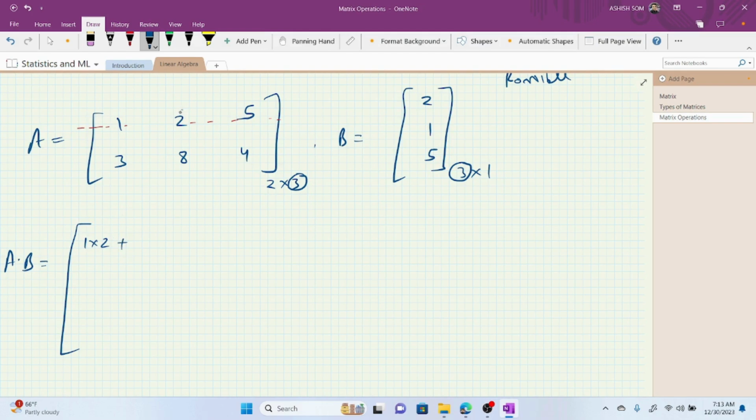Then the second element from the row and the second element from the column we have to take. So it will be 2 multiplied by 1, plus. Then what do we have to do? We have to take the third element.